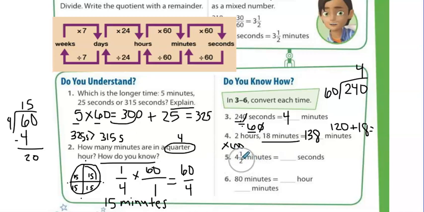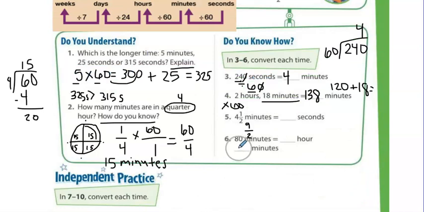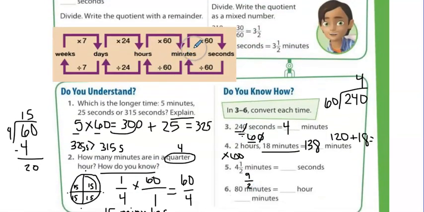Or we can just turn this problem into an improper fraction so that we can actually multiply by 60. So 4 times 2 gives me 8, plus 1 is 9. So this is going to be 9 over 2. And then I'm going to take my minutes, which is 9 halves, and multiply that by 60. And remember, 60 is a whole number, so I have to put it over 1 in order to multiply.